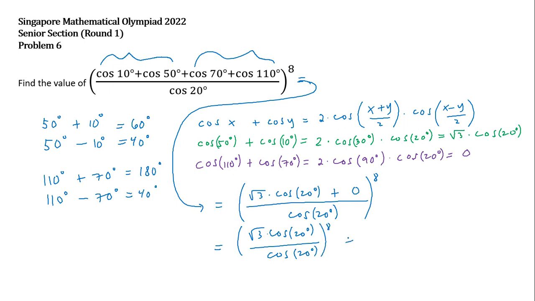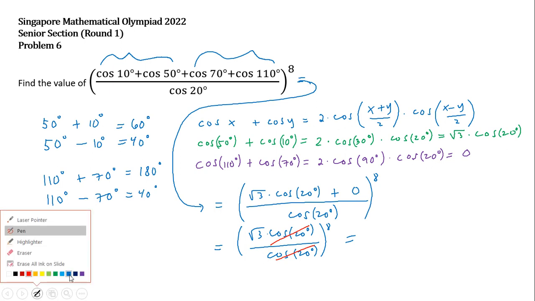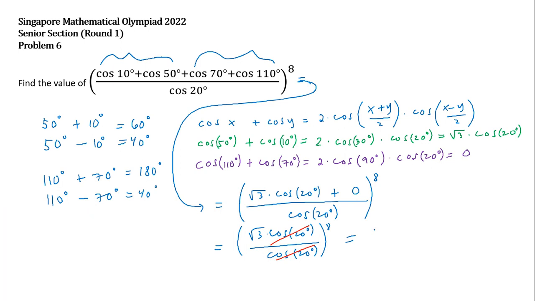Okay, so cancel. So what remains is square root of 3 raised to 8.